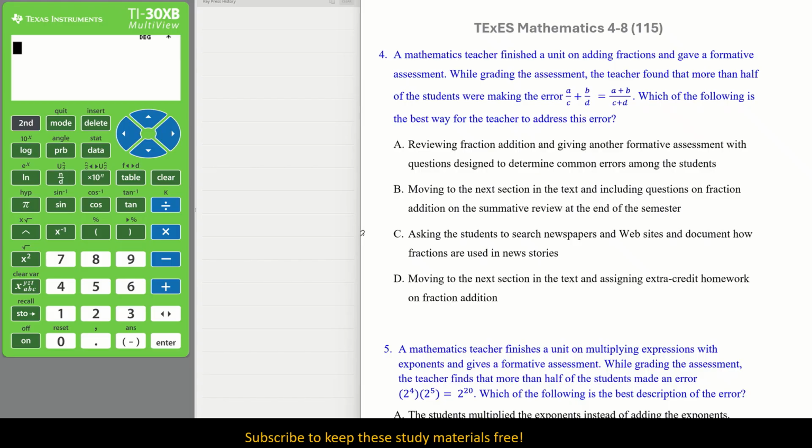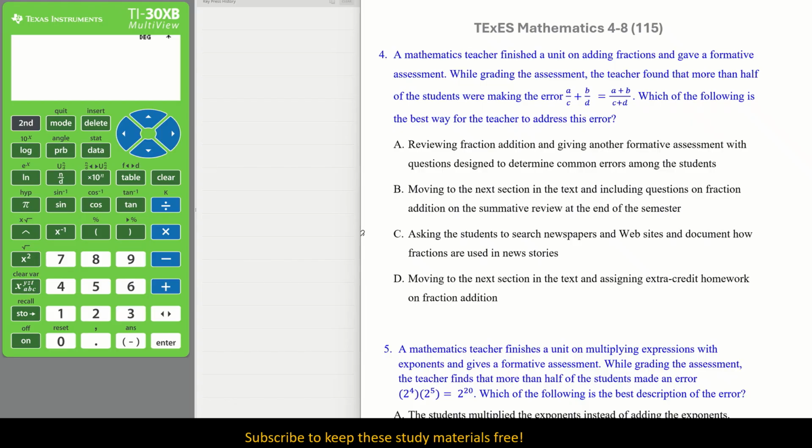First off, that's finding the common denominator, that's the error, which is part of the basics of adding fractions, which is an elementary skill. Okay, so what are we going to do with the students?